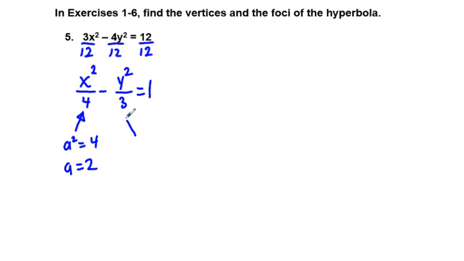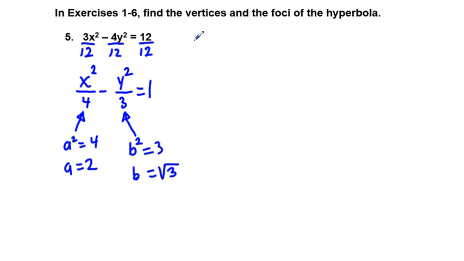And for our semi-conjugate axis, b squared is going to be equal to 3, and therefore our semi-conjugate axis is going to be equal to the square root of 3. And all we have to do is find the foci.